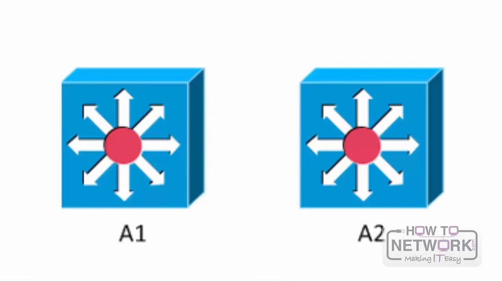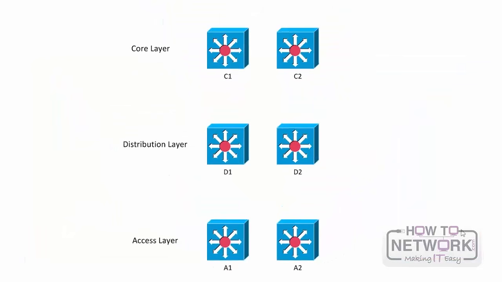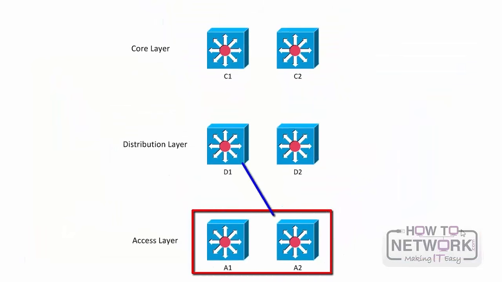So one possibility to make the situation better and to have a more efficient design would be to make two redundant physical switches into one logical switch. So a single logical switch can then use the redundant links to their full capability by bundling them into an EtherChannel.